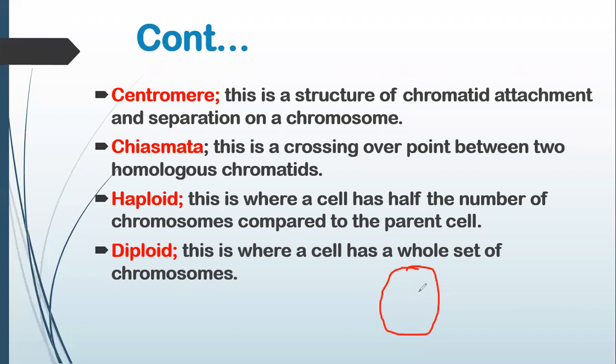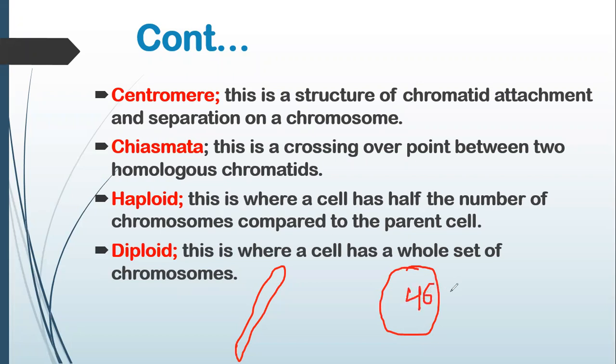This is the structure of a chromatid. Simply, I didn't go deep, because if you go deep, you label loci and then alleles, but that is simple enough for now. So now, a normal human cell has 46 chromosomes.